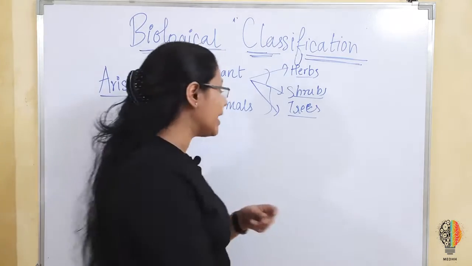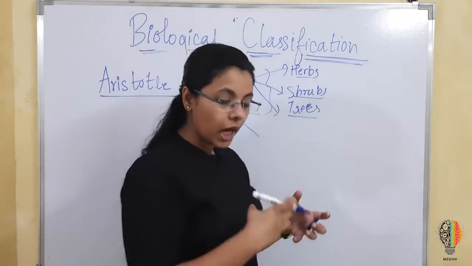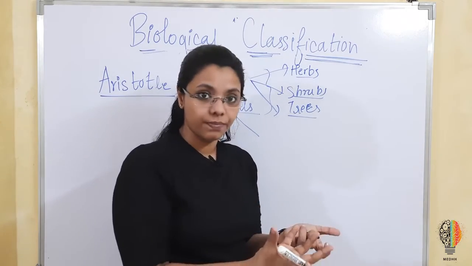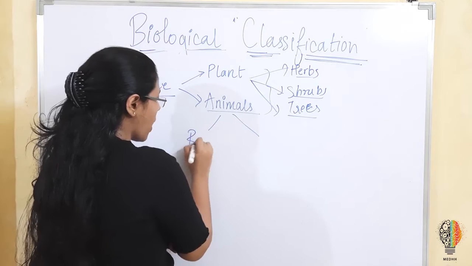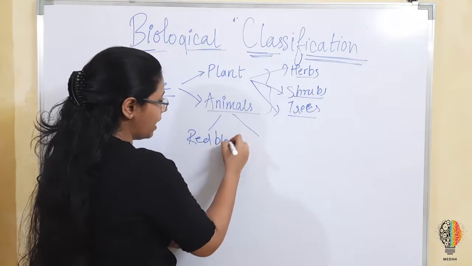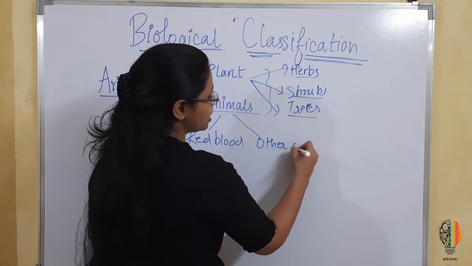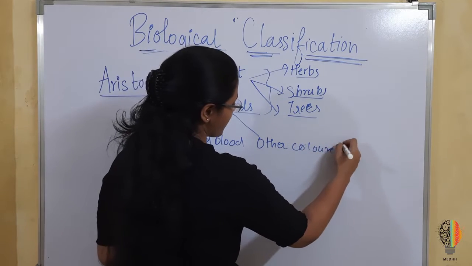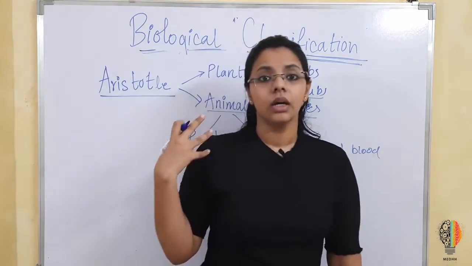In animals he categorized on the basis of the appearance of the blood color. He categorized animals into two groups, the ones having red blood and the others with other colored blood. As you all know, there are different colors of blood.